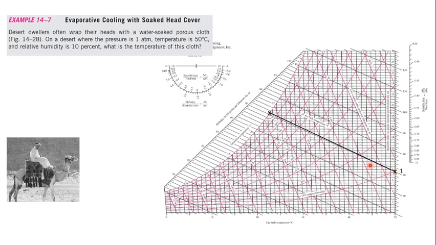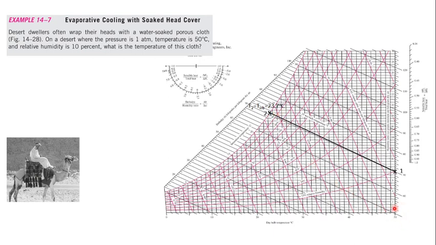This is our point 2, the air after flowing through the surface of that soaked cloth. So this is the condition. So this is your point 2. So from here we can determine that the temperature of this cloth is equivalent to 23.7 degrees C.